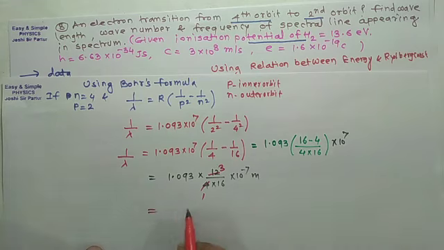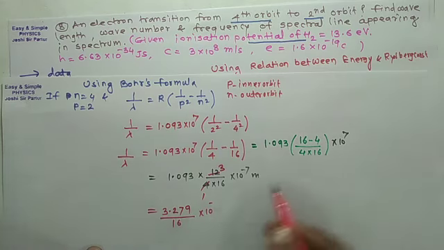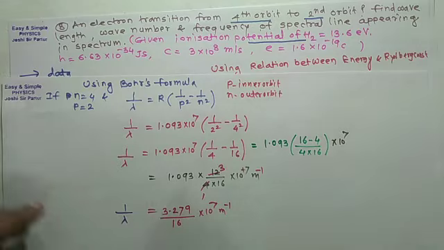So here 9, 27 and 3.279 upon 16 into 10 raised to plus 7 per meter, meter raised to minus 1. Okay, because it is wave number, so that value will be 1 upon wavelength.